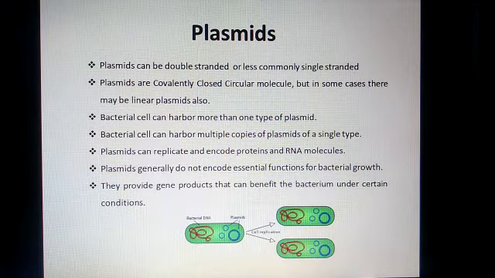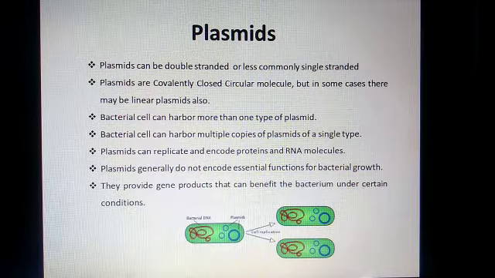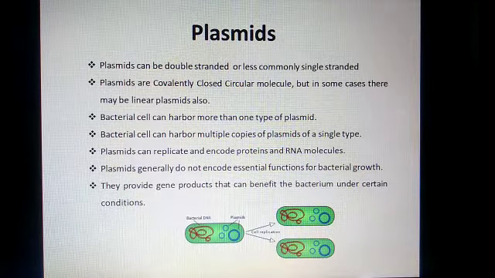That is, the plasmid is dispensable for bacterial growth. Instead, they provide gene products that can benefit the bacterium under certain circumstances, but are not always essential.